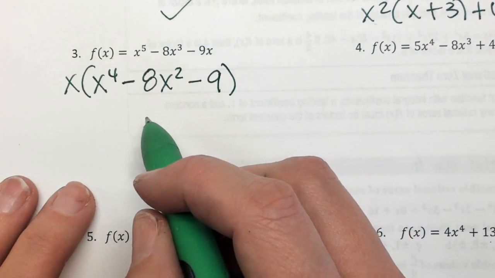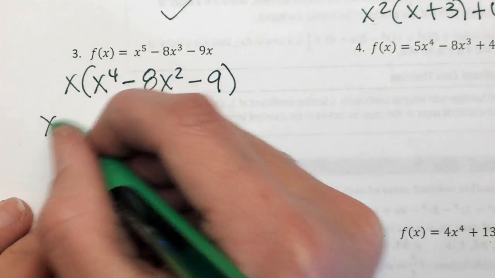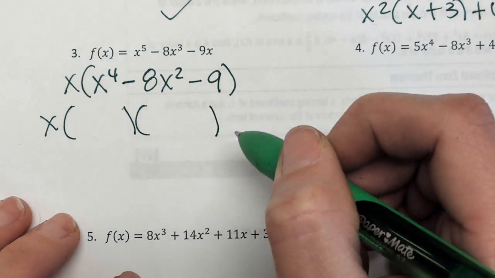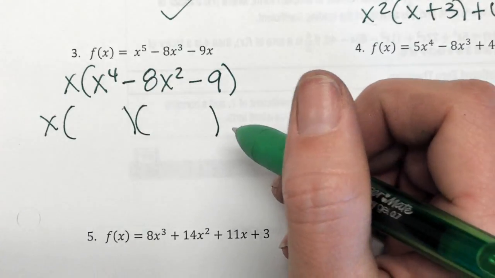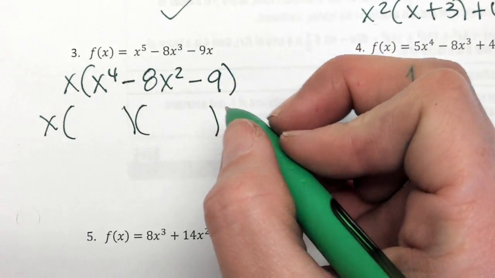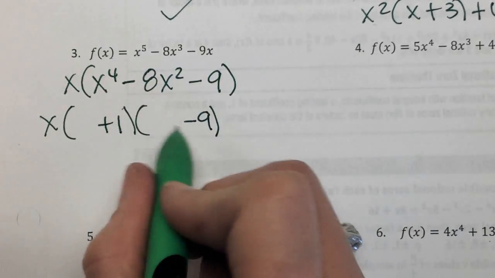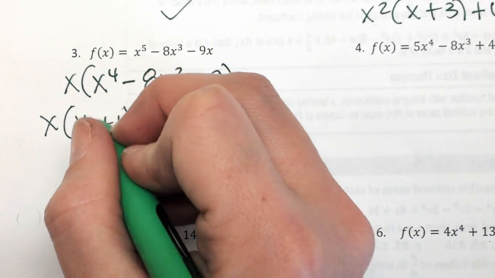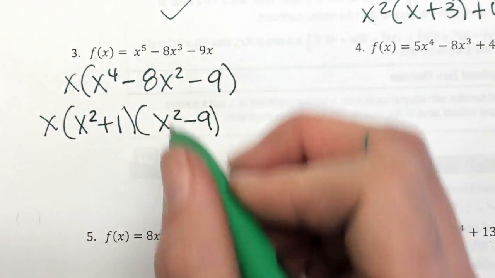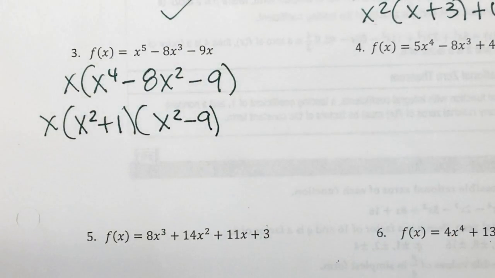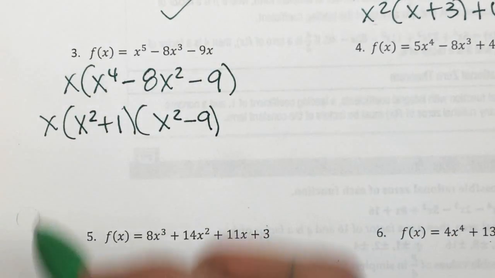Using what method? Good. What are factors of negative 9 that add to be negative 8? I heard negative 9 and 1. What goes first in each one here? X squared and x squared. So let's now set these equal to what?